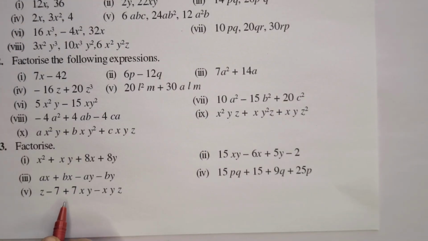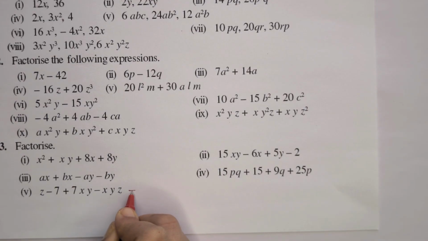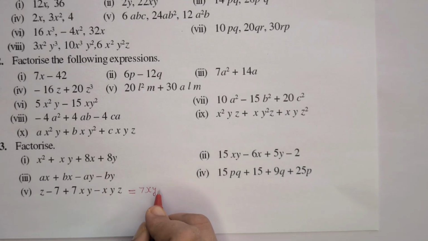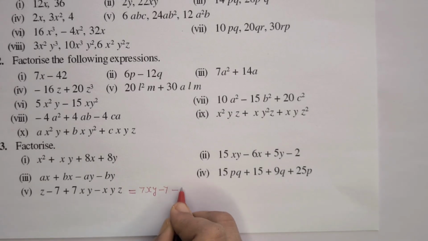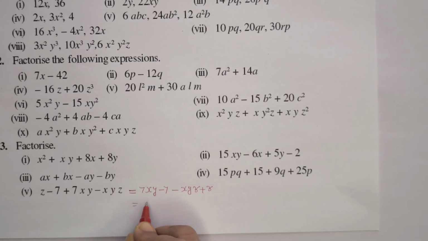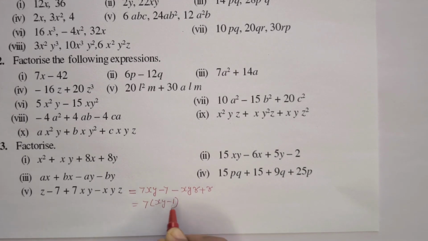Fifth one, z minus 7 plus 7xy minus xyz. This we can rearrange as 7xy, to make the positive term first, 7xy minus 7. So we can take 7 as common. Then minus xyz plus z. So rearrange the terms like that. From here we can take 7 as common, inside the bracket xy minus 1.